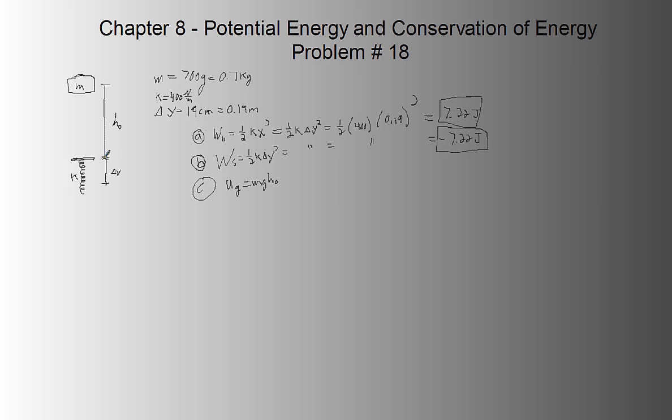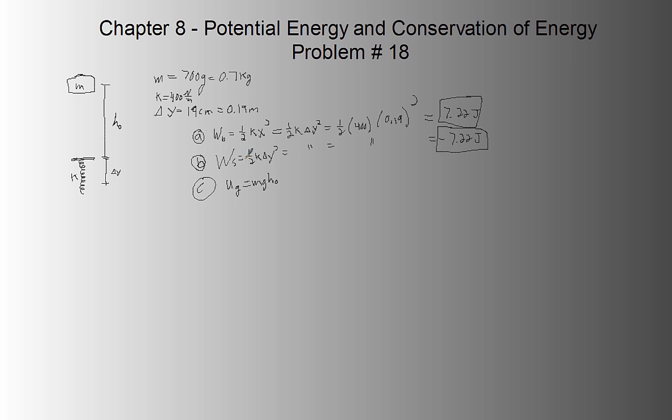What we do know, though, is that the spring is compressed and it comes to rest. So once the block has pushed the spring all the way down to delta y and it stopped, we know there's no kinetic energy here. This is as low as we can go, so we could define zero gravitational potential energy as here. And so all of the energy is now spring potential energy.